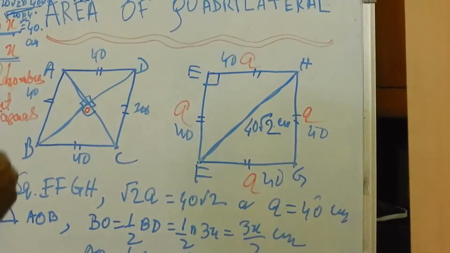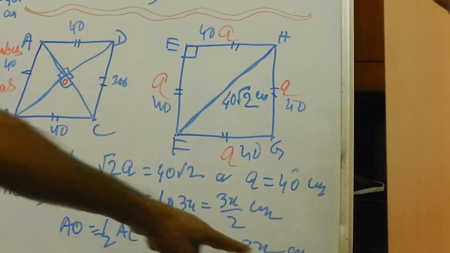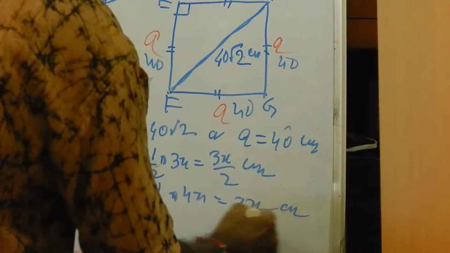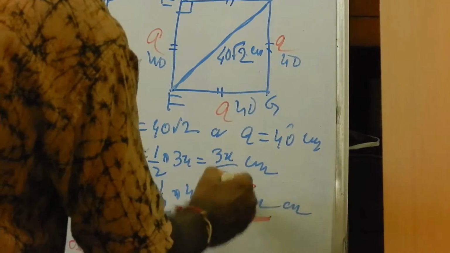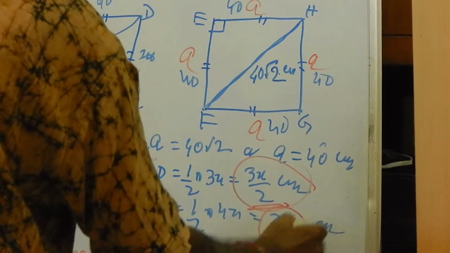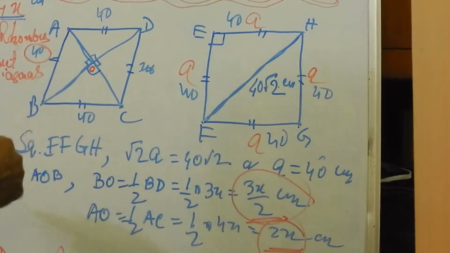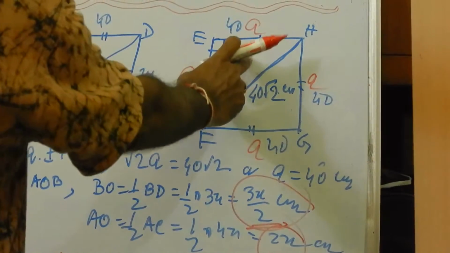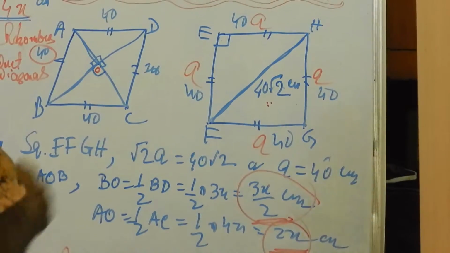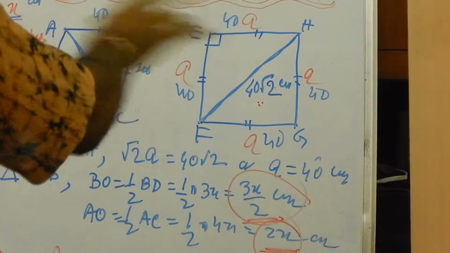So in this triangle we got all of the sides. AO equal to 2x centimeter, BO equal to 3x by 2, and AB equal to 40, because the length of the square side was deducted from that 40 root 2 diagonal, and it was given that both of them have the same length.